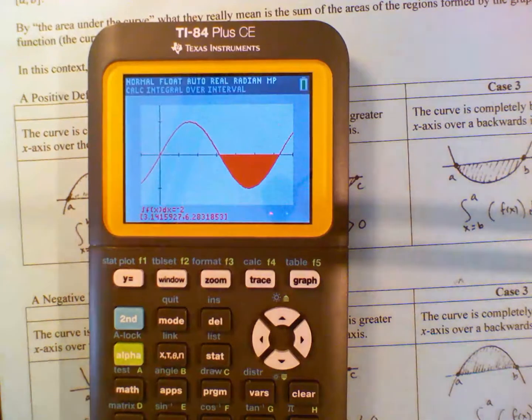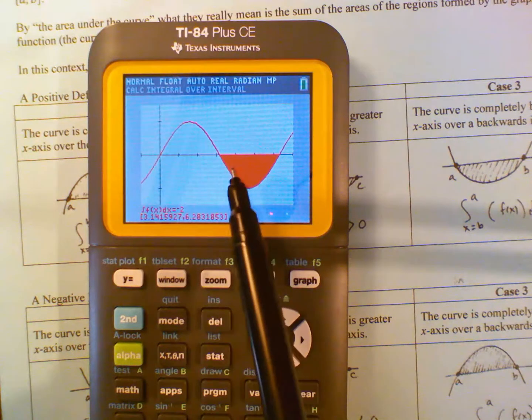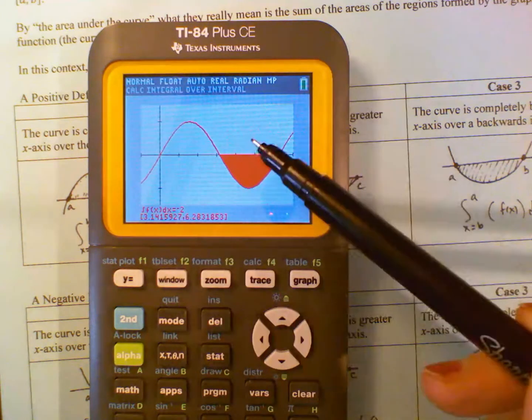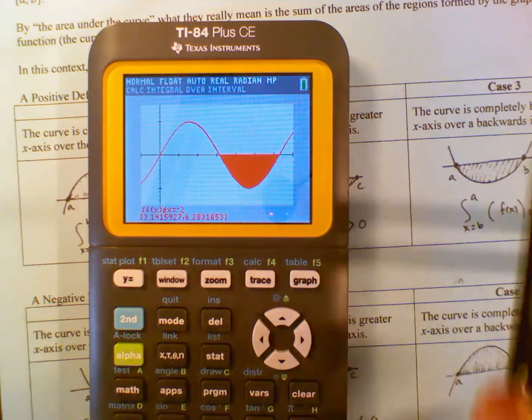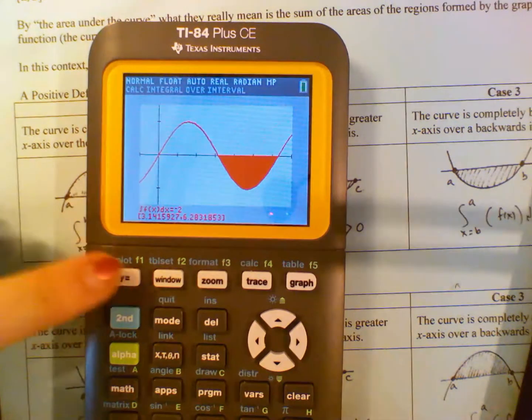All right, let me just show you 2 more little things, okay? Let me do the area under the curve now from 0 to past pi.